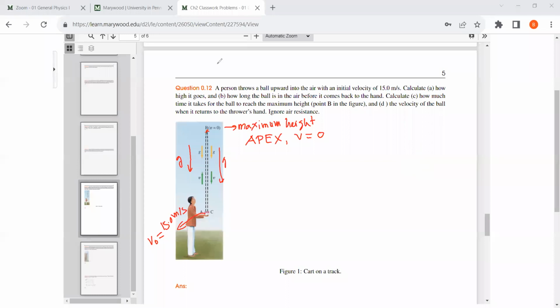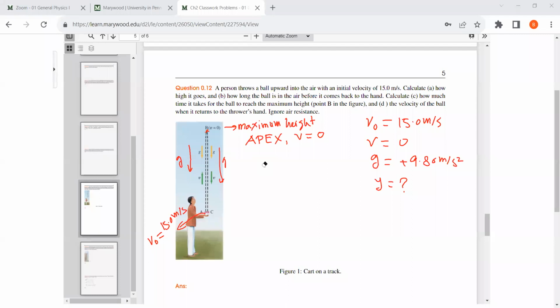So now we have this information: v0 equals 15 meters per second, v equals 0, gravity g equals 9.80 meters per second squared, and we have to calculate how high it goes. That means y equals what? With this information, not this one, the last equation is useful.